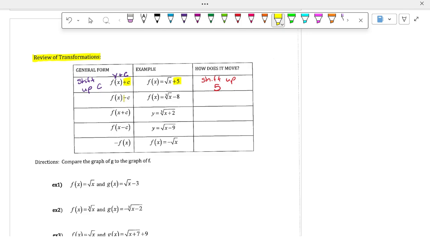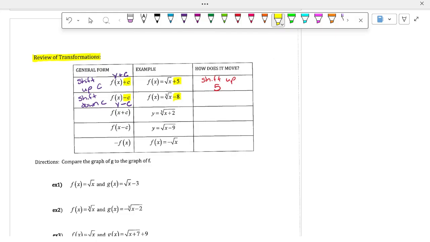Now on the opposite side, when we have a minus c, so we're looking at y minus c, y is vertical. We're subtracting from the y value. So what's happening to the point? It's shifting down however many units c is.